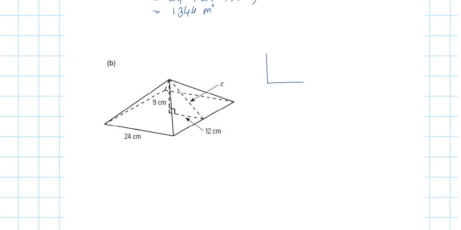I know this is 9, and I know this is 12. How can I find this? Yeah. So I plug in the values that are given, which is 9 squared plus 12 squared. And then that gives me the slant height, which is 15.